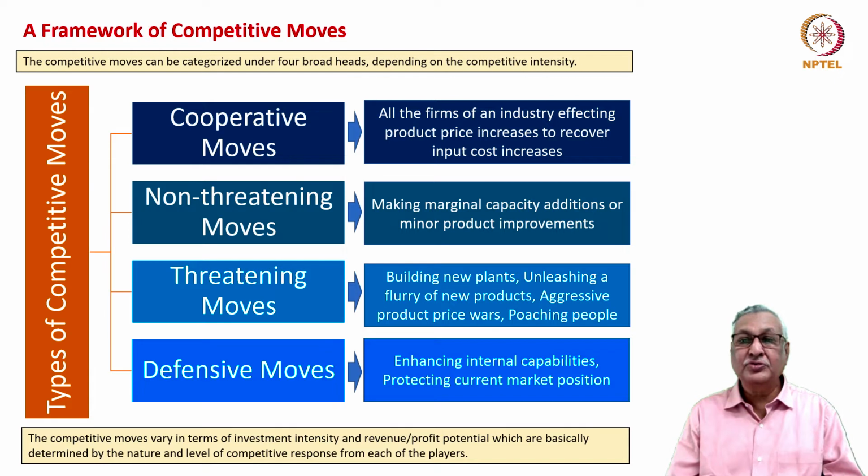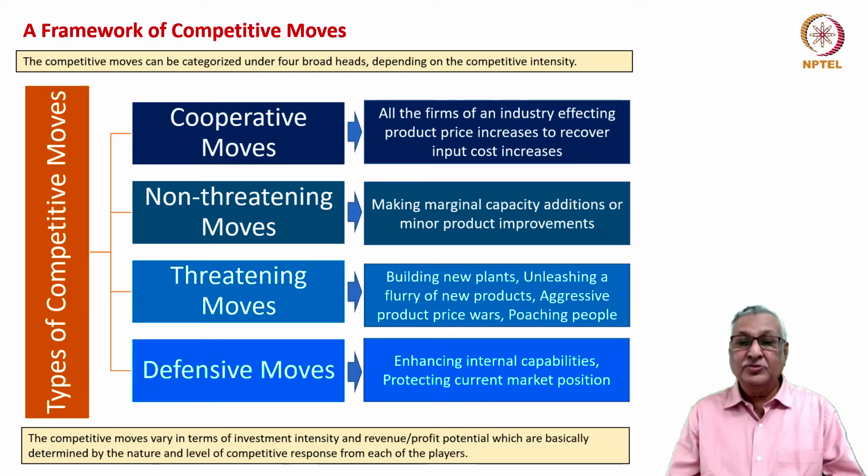What are cooperative moves? When all the players in the industry understand the structural dynamics of the industry and the economic realities and take, within a reasonable band, the same or similar approaches, not because of cartelization but because they understand the industry structure, they fall under the definition of cooperative moves.